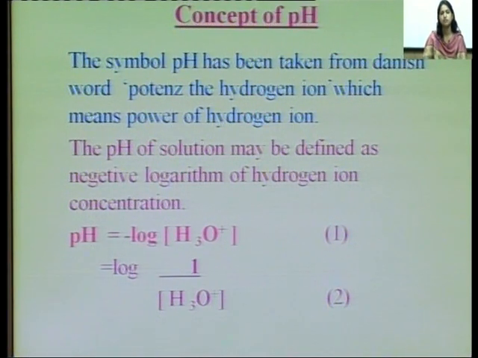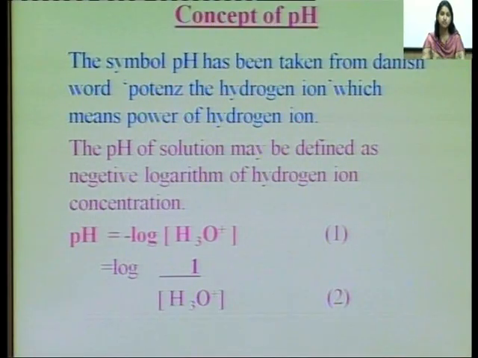So, from here we can get the concentration of hydronium ion. This concept was given by Sorensen. The symbol pH has been taken from the Danish word potens the hydrogen ion, which means the power of hydrogen ion.